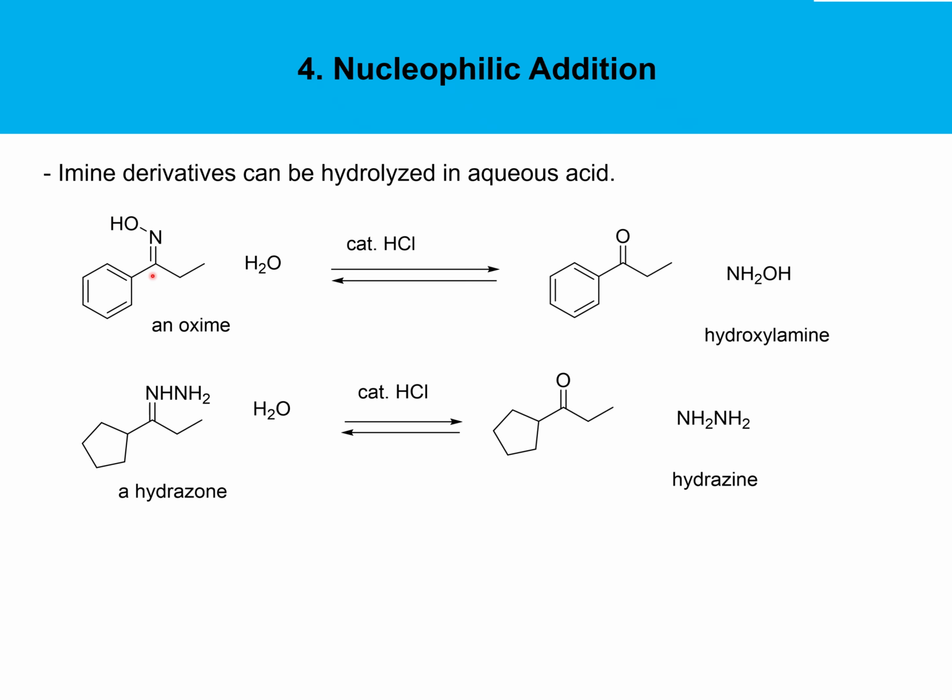And then the ketone will simply come from converting this imine bond to a carbonyl, which you see here in the product. With the next example, we start off with a hydrazone. And so this hydrazone will be converted into a carbonyl and we'll get a hydrazine byproduct.